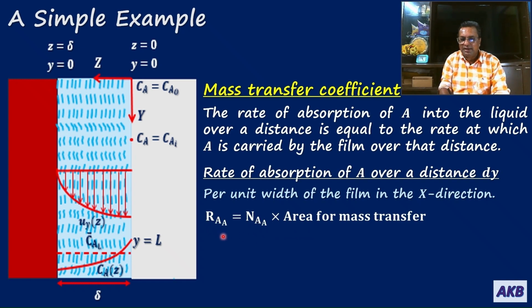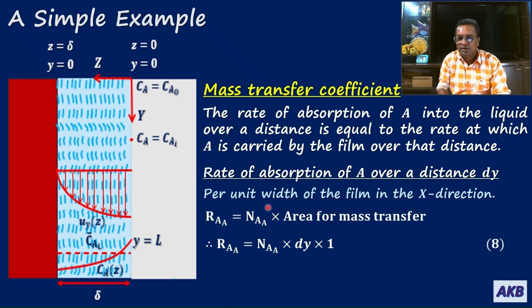The area through which this mass transfer occurs is the vertical distance in the y direction and unit distance in the x direction, because we are assuming unit width in the x direction.